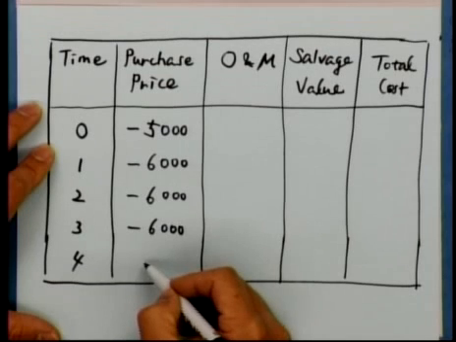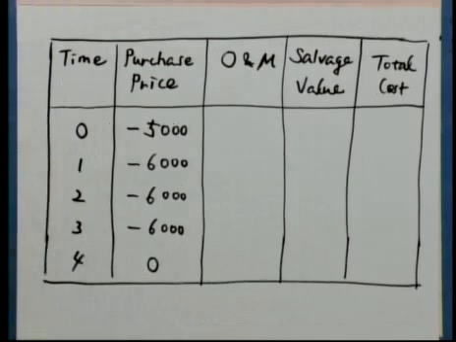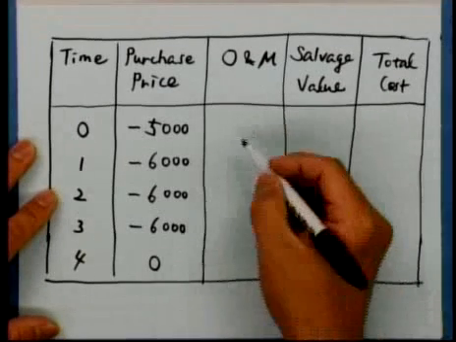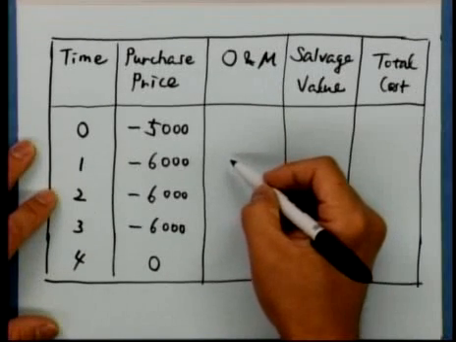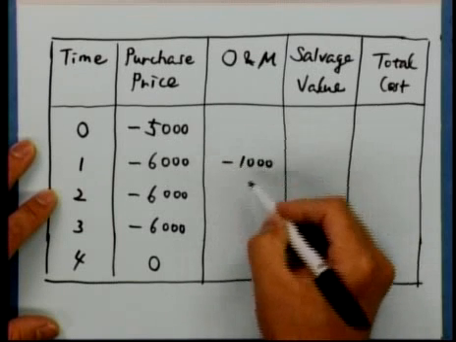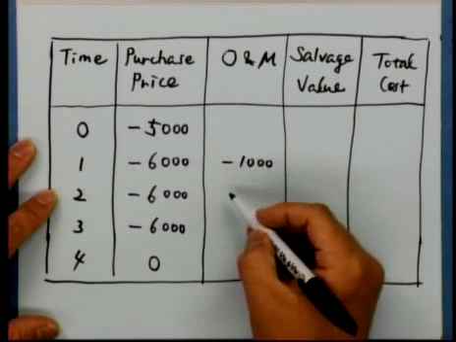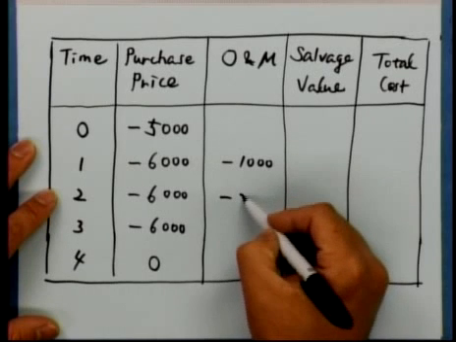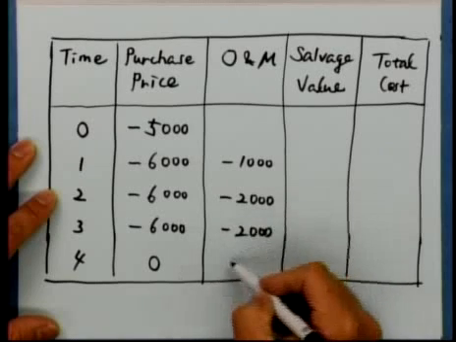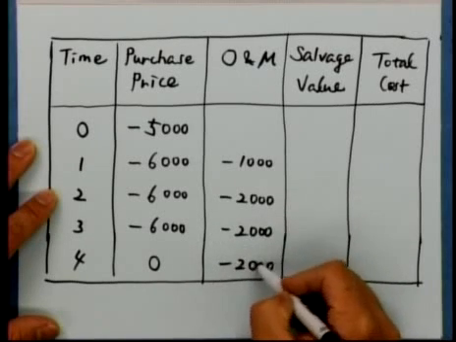And do nothing here. The maintenance cost would be $1,000 at the end of the first year and $2,000 at the end of each subsequent year, right? So you need to put negative 2,000.